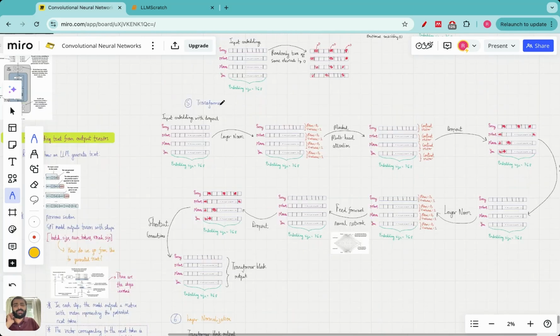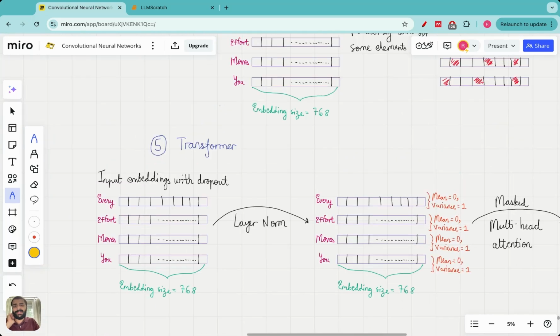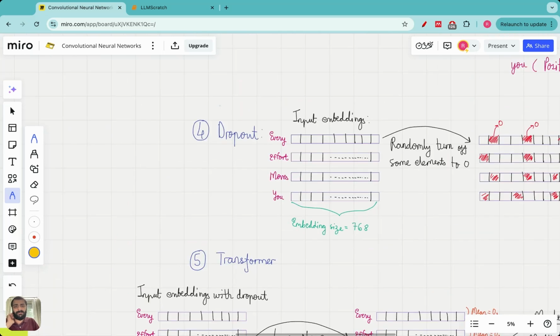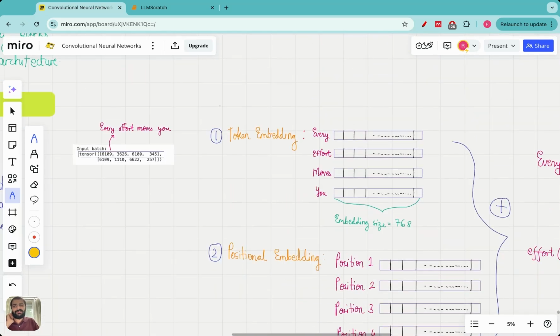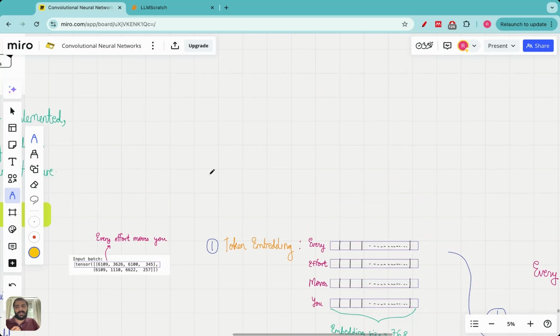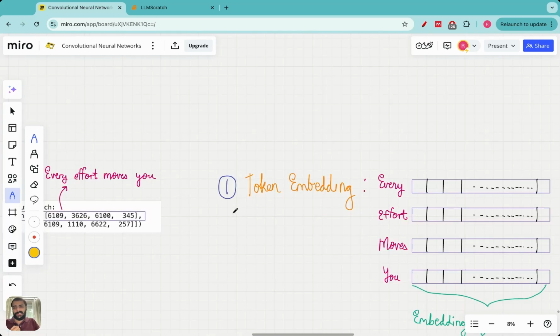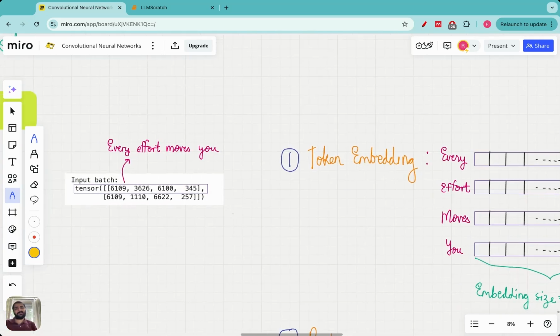My goal here is to visually convince you of what exactly is happening in the GPT model so that the code becomes significantly easier. The code for this GPT model is actually pretty simple and straightforward. The only difficulty students face is that many tensors and many dimensions come into the picture, and students cannot visualize what's going on.